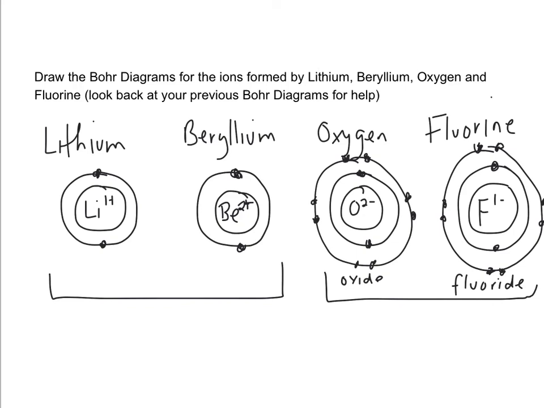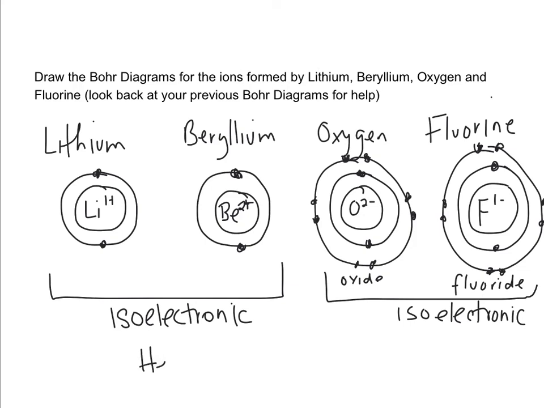If you have the same number of electrons, we call you isoelectronic. Isoelectronic means the same number of electrons. And all of these are isoelectronic with a noble gas. This is the same configuration as the helium atom.